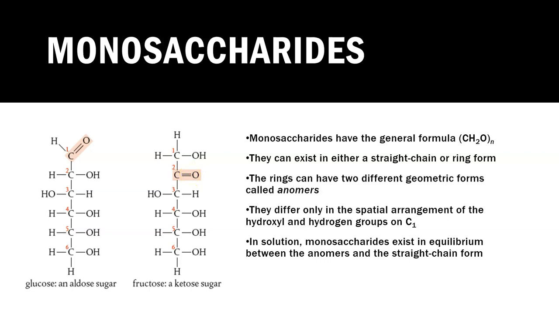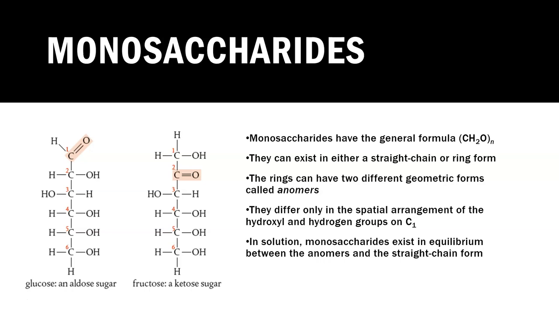The rings can have 2 different geometric forms, which we call anomers, and they differ only in the spatial arrangement of the hydroxyl and the hydrogen groups on C1. Okay, and that is basically most evident when we see the ring form of them, not the straight chain. You are given the ring form in the data booklet, and most of the questions you'll be asked tend to be in regards to that.